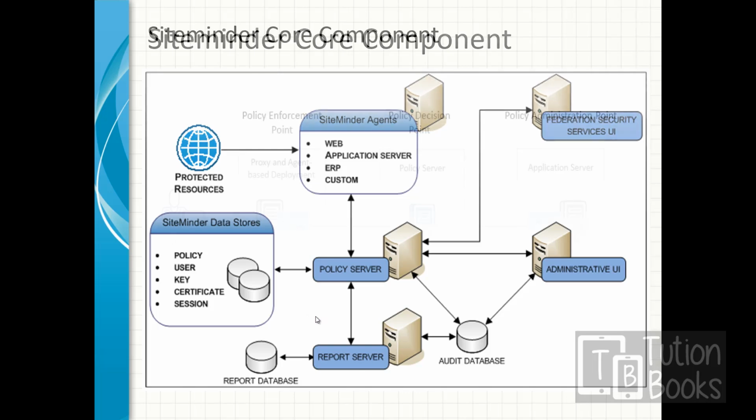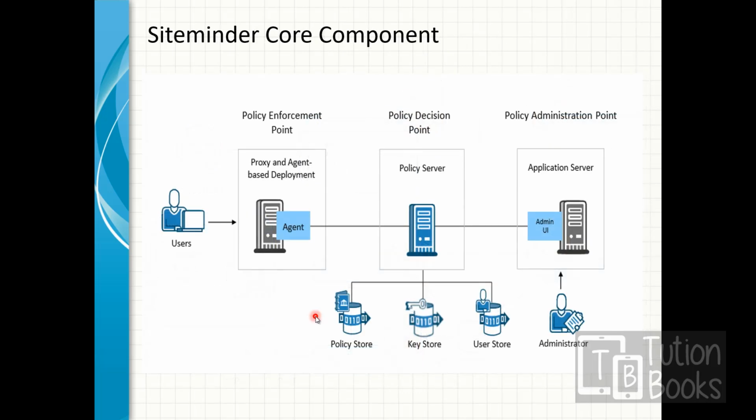Okay, so this is exactly the flow I explained over the demo. That flow comes into the picture at a core level: what components come into the picture when Siteminder is installed, how they are pointed, and what each component is called.